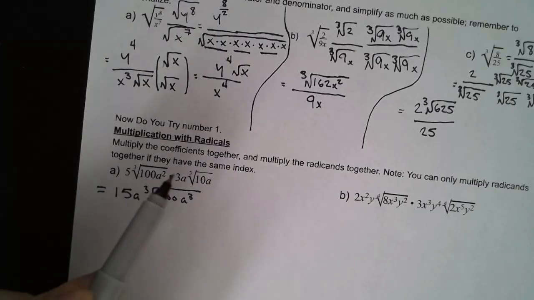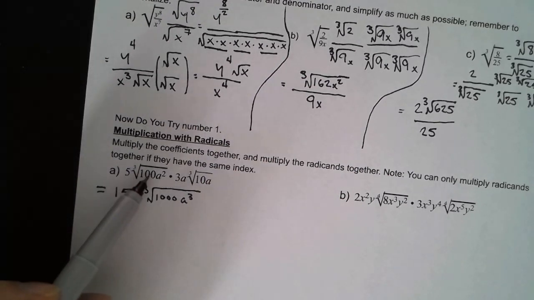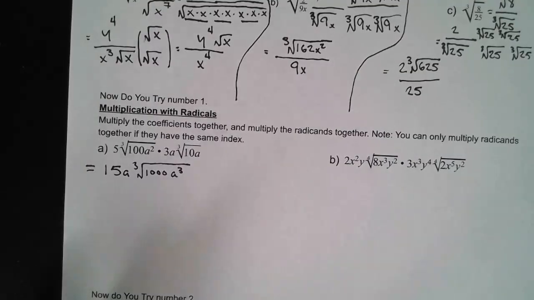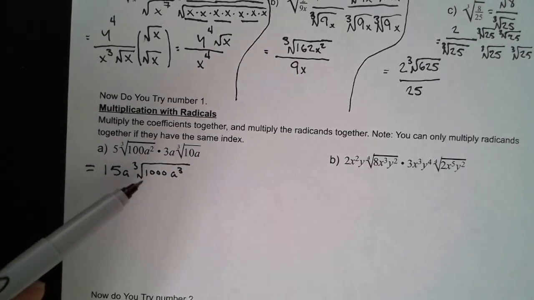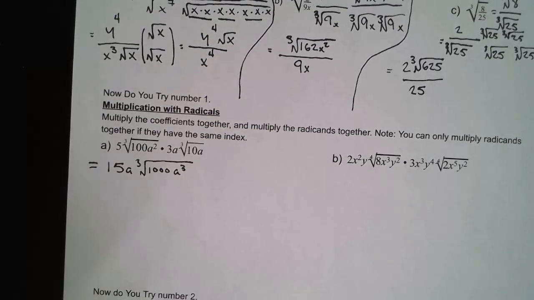So 5 times 3a is 15a, and then we have our cube roots, and 100a squared times 10a is 1000a cubed. So we can simplify this a little bit. We have a cube root, and we can figure out the cube root of 1000. We can also figure out the cube root of a cubed.